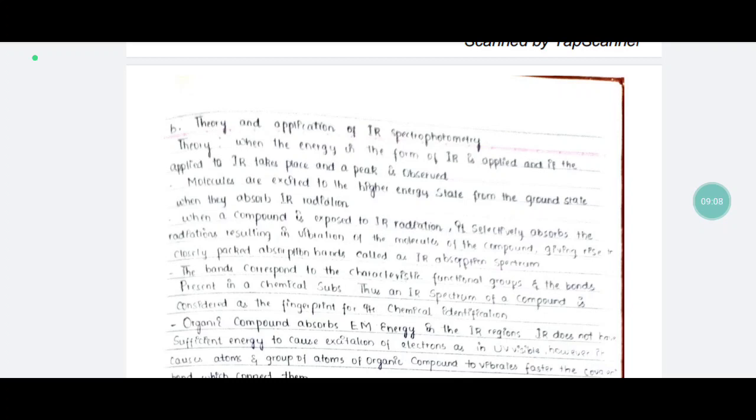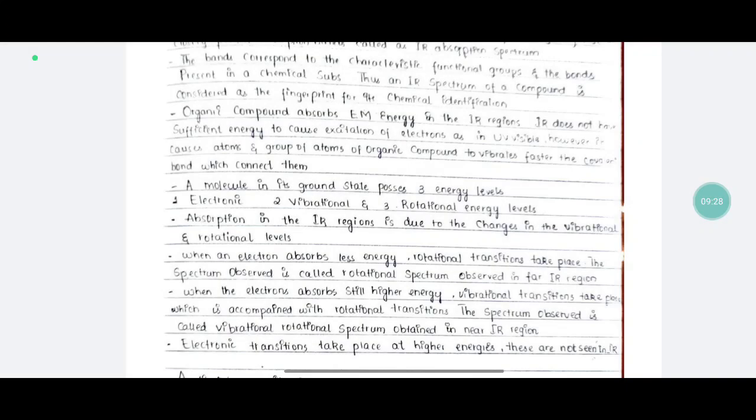The molecules are excited to a higher energy state from the ground state when they absorb IR radiation. When a compound is exposed to IR radiation, it selectively absorbs the radiation, which results in vibration of the molecules, giving rise to closely packed absorption bands, called the IR absorption spectrum.